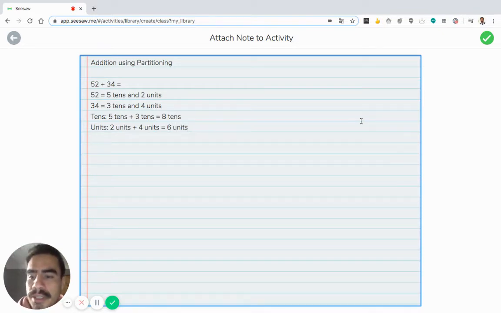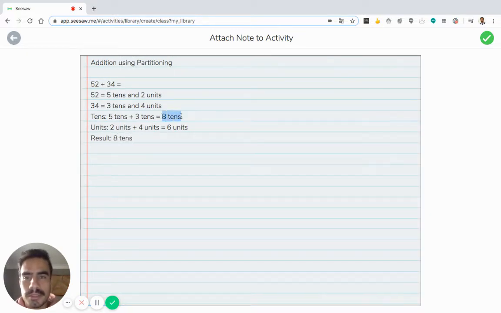Now, the last step of this strategy is to add together the tens and units. So the final result of this addition will be 8 tens from here, from this addition of tens, and 6 units from here, from this addition of units.